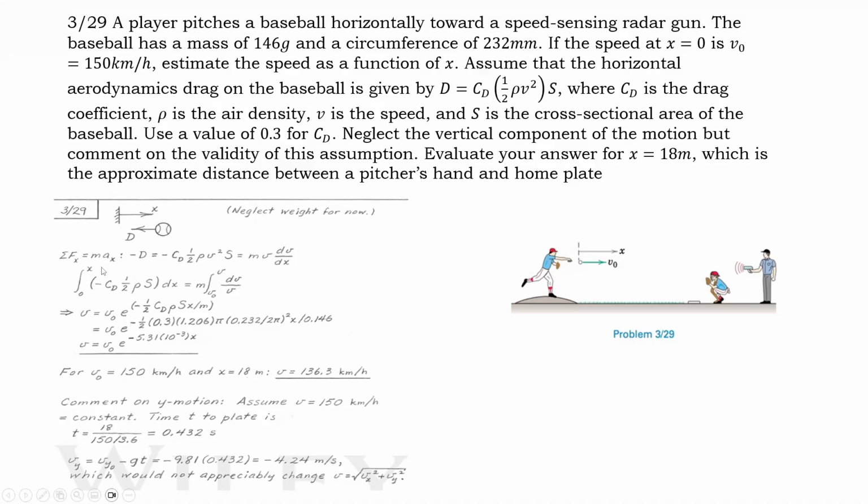So then the integration: the dx goes this way, all of the v will be on the other side. So we have v squared, we have v, so when v squared comes to the denominator it will be 1 over v. So here we just have S. So integration of dx from 0 to x, and dv over v from v0 to v.